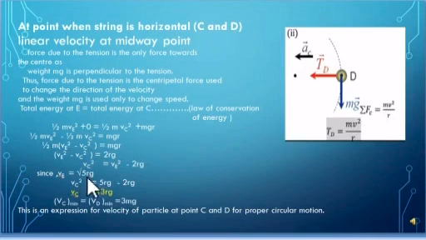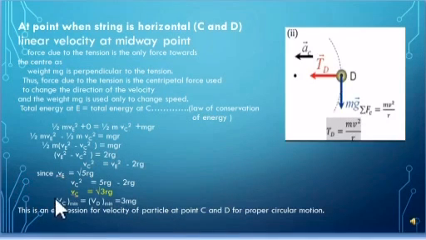Now put this square root of 5rg in this equation. I am getting vc square is equal to 5rg minus 2rg. By simplifying, I am getting velocity at point C or point D is equal to square root of 3rg. Since velocity at point C and velocity at point D is similar, I have written vc minimum is equal to vd minimum, that is equal to square root of 3rg.